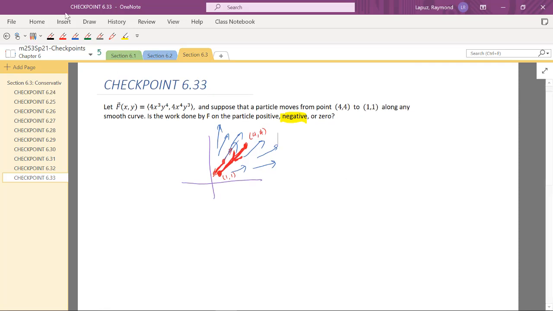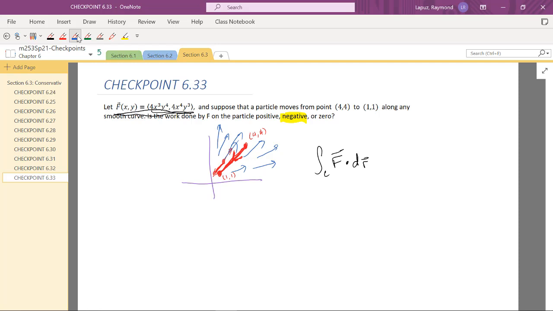Now we can double check by actually computing it, and the nice thing about this is that I don't think we need to do the line integral itself, which probably wouldn't be so bad, but since this looks like a conservative vector field, that means we can find a potential function.